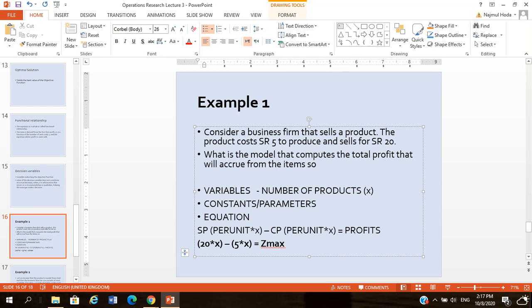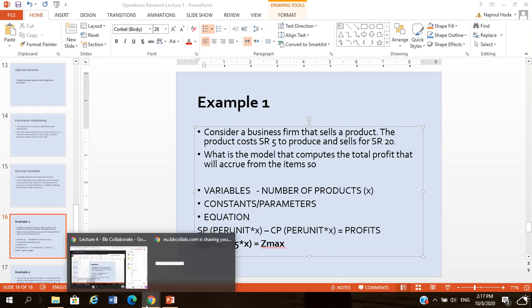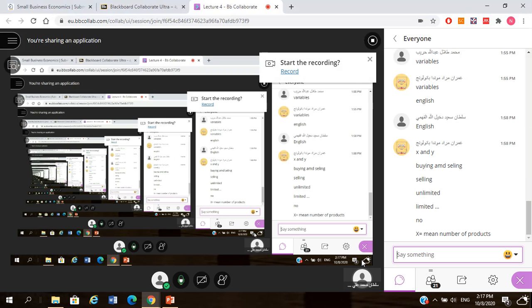What do we call now this one? Who will answer this? What is the more technical name in OR for this equation? Who will answer? I will see if you followed the lecture properly or not. Tell me, give me a technical word for this equation in the problem of profit. What should we call it?